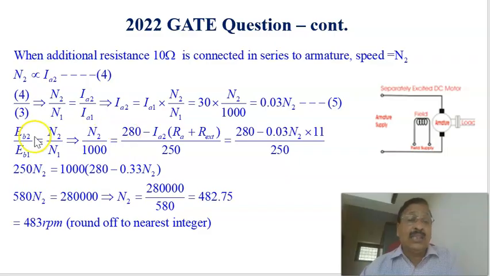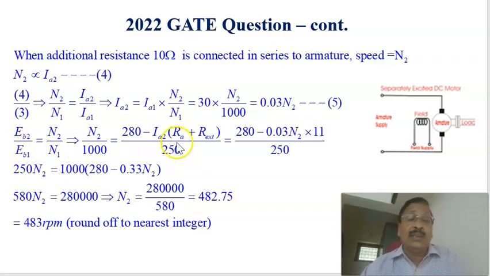EB2 is given by the supply voltage of 280 minus the drop across the resistance, that is Ia2 into the armature resistance Ra plus the external resistance connected in series, R external, divided by EB1.